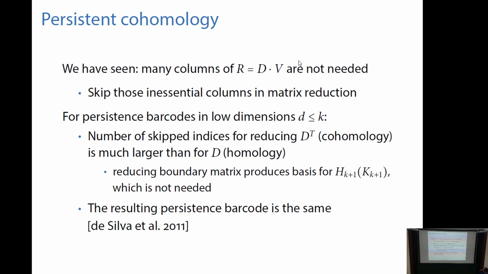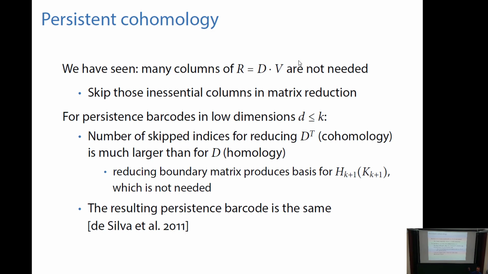In a nutshell, if you want to understand the reason for this, if you want to apply clearing to the homology case, you have to start in some dimension, and then you still are required to compute an entire basis for the k+1 dimensional homology of your k skeleton. And that typically is very large. This Betti number is very large, right?